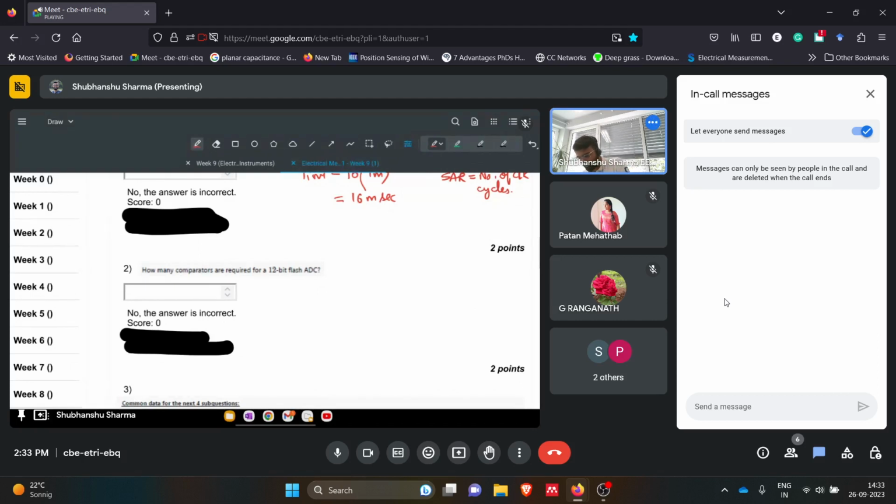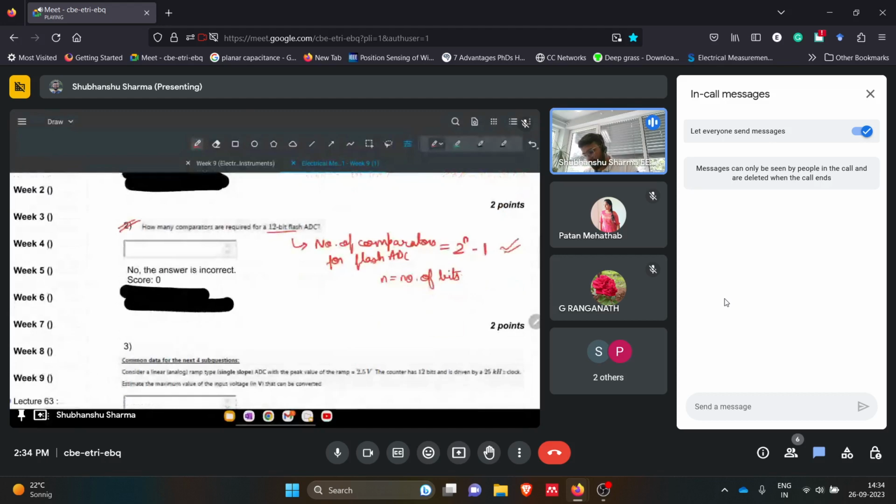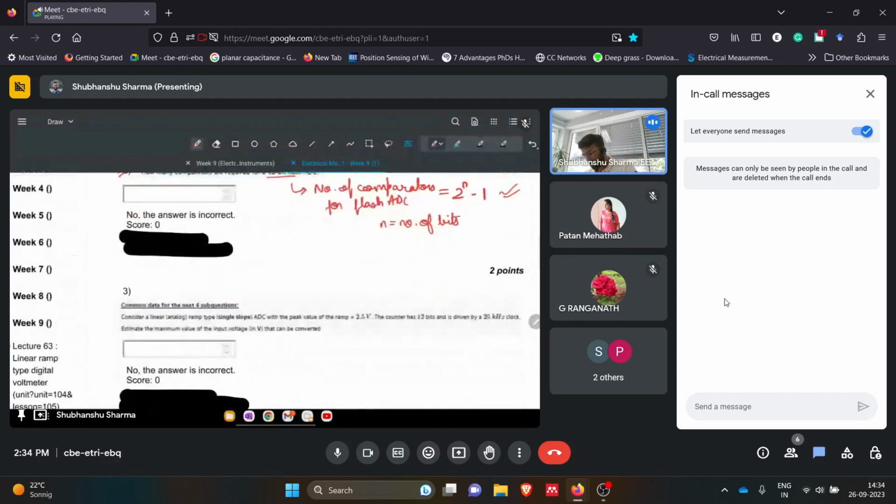The formula for the number of comparators for a flash ADC, I think, is 2 to the power n minus 1, where n is the number of bits. We know the number of bits, so we can calculate this easily in this question. Just remember this formula.